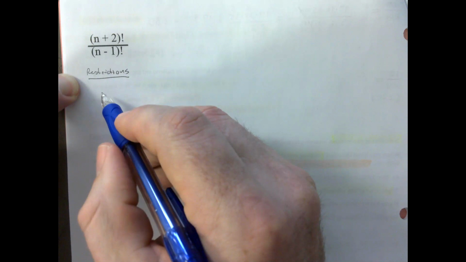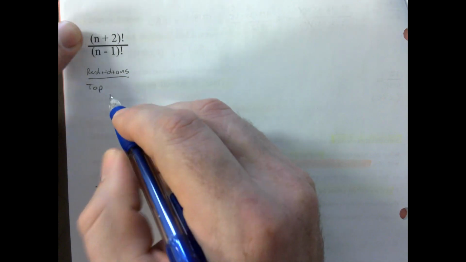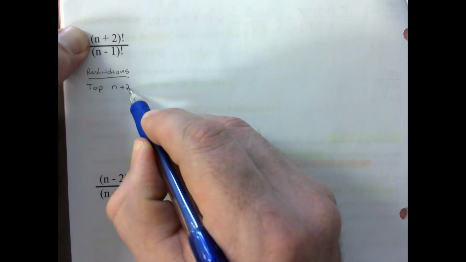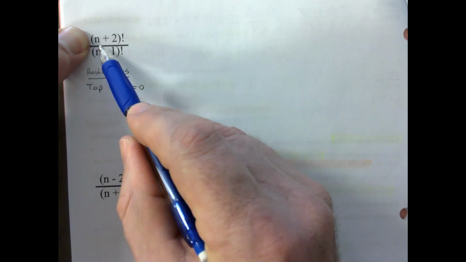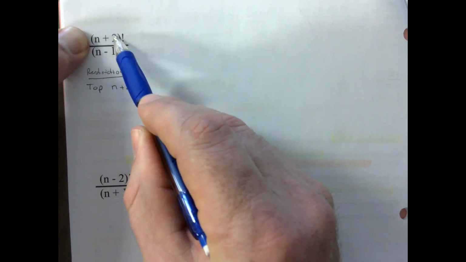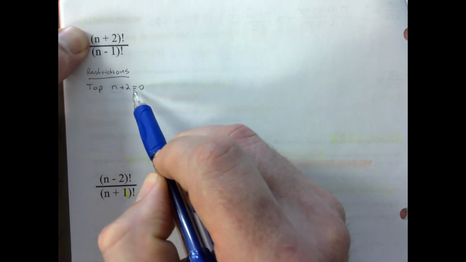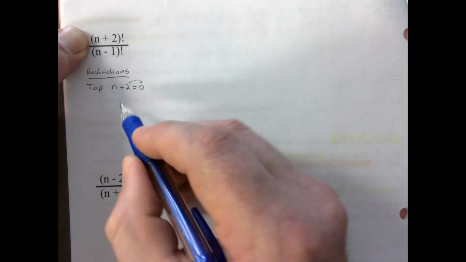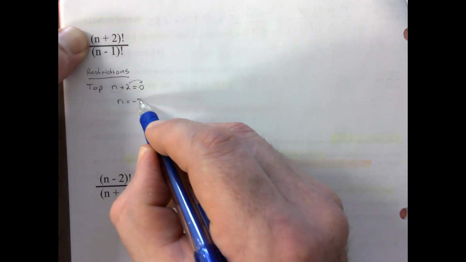Restrictions first, okay? Don't forget about them. Top, what's our restriction at the top? If you struggle with this, do this. Set up an equation where whatever is in there is equal to 0, and then you just bring the 2 over to the other side, and it's equal to -2.